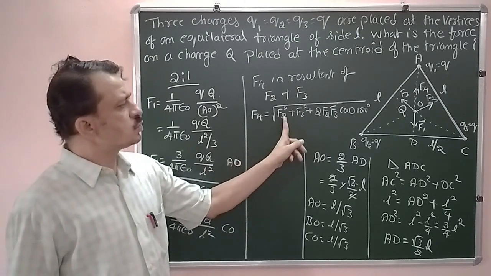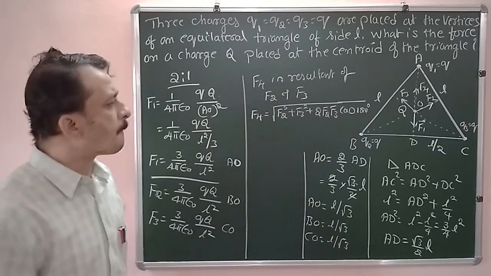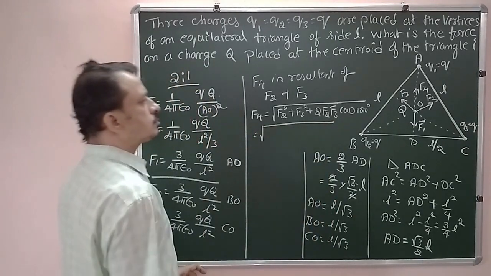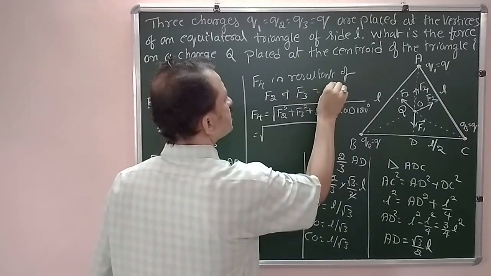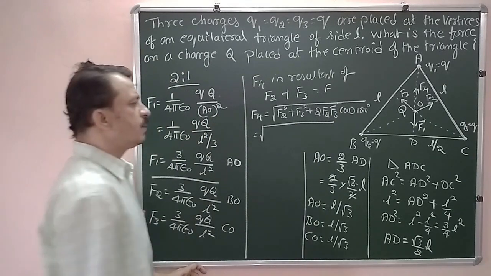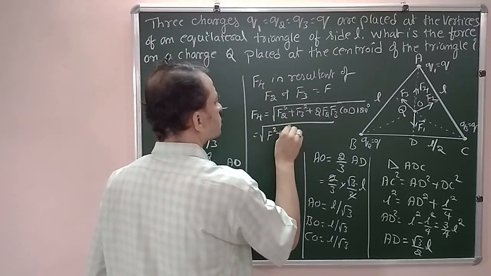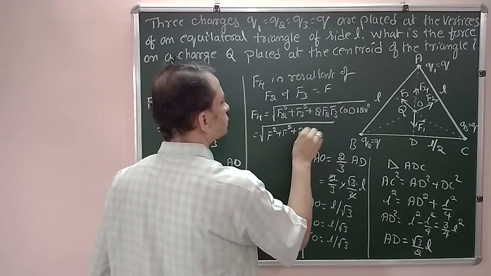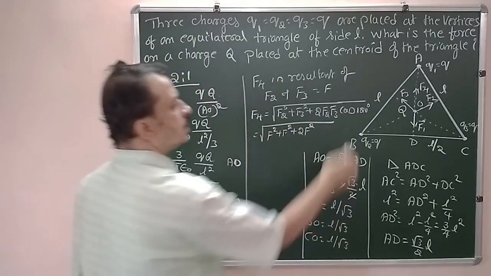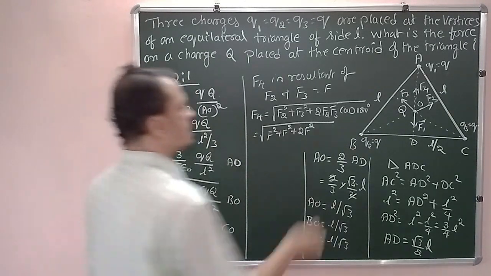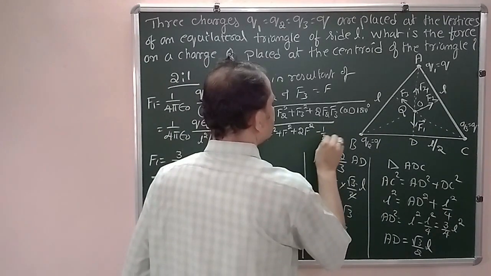Now these two are equal in magnitude. Okay, so if I write their magnitudes as simply F, then F square plus 2 F square cos 120, where cos 120 is cos of 180 minus 60. Therefore cos 120 is minus half.